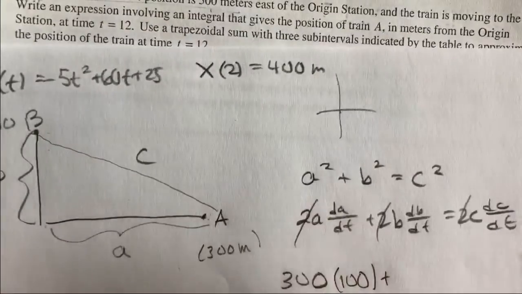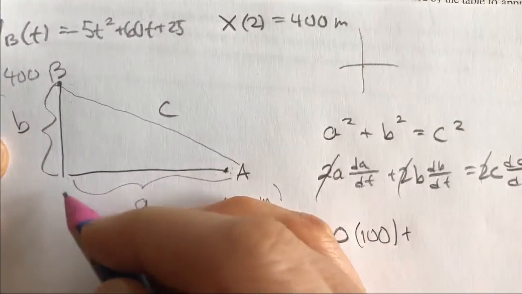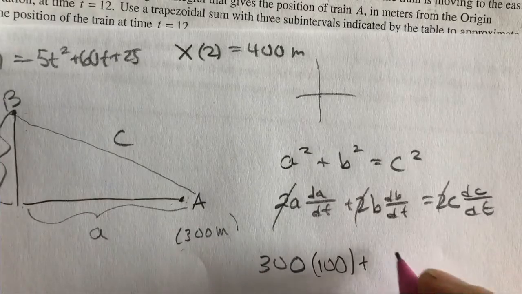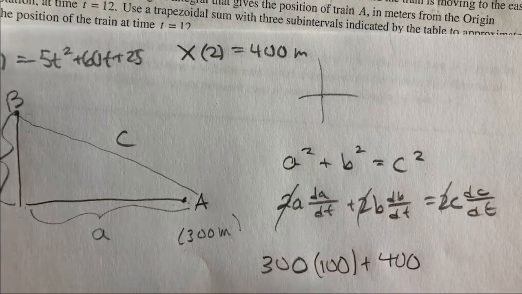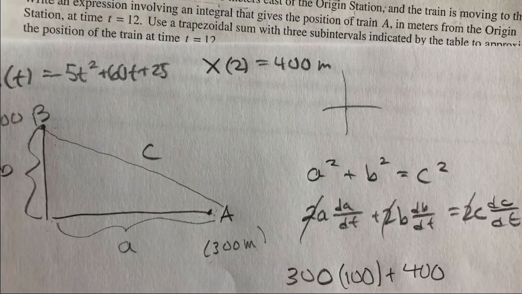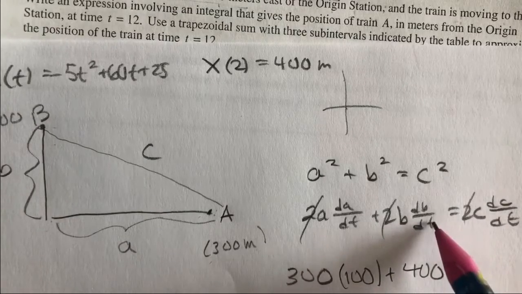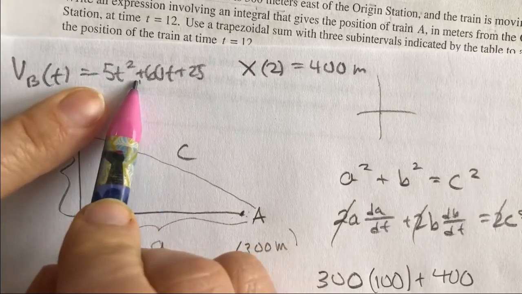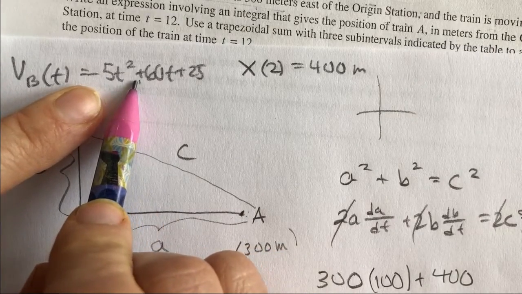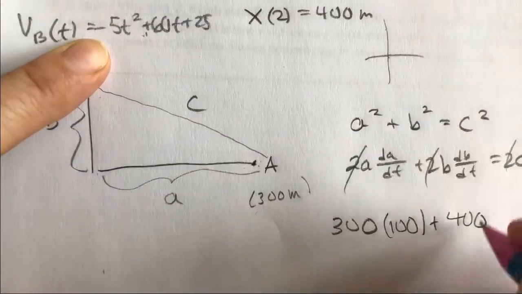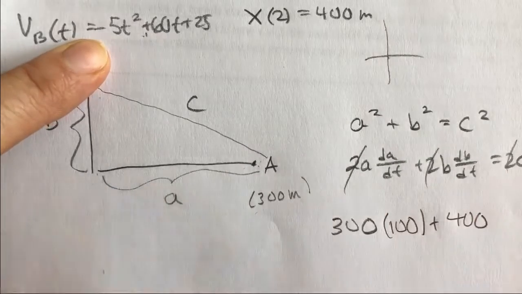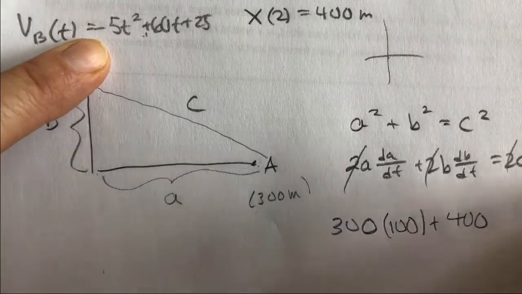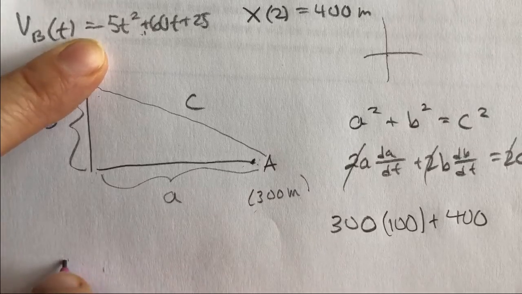Plus B, which is the distance from the origin to train B, that's 400. Now, to get the velocity of B, dB/dt is the velocity of the position, I have to plug the 2 into this right here. So now normally I would just leave it all, I would leave -5 times 2 squared plus 60 times 2 plus 25, but I'm going to run out of room.